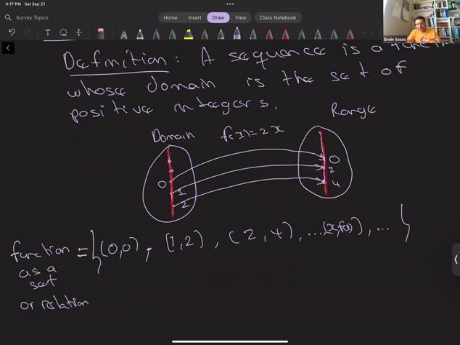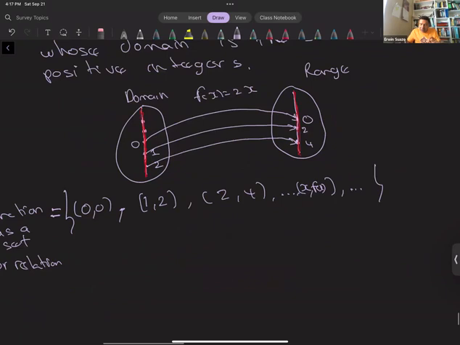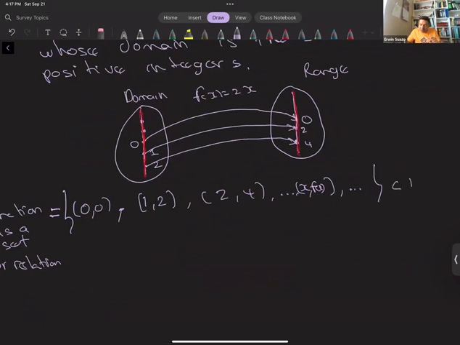Okay. But this is very infinite. In particular, this is a subset of the real numbers cross the real numbers. We use that notation, but sometimes we are lazy and we just say R2. So it means it has one element of R and another element of R.